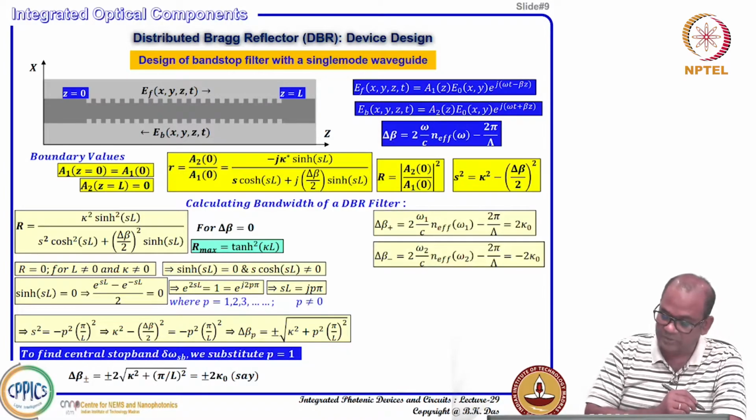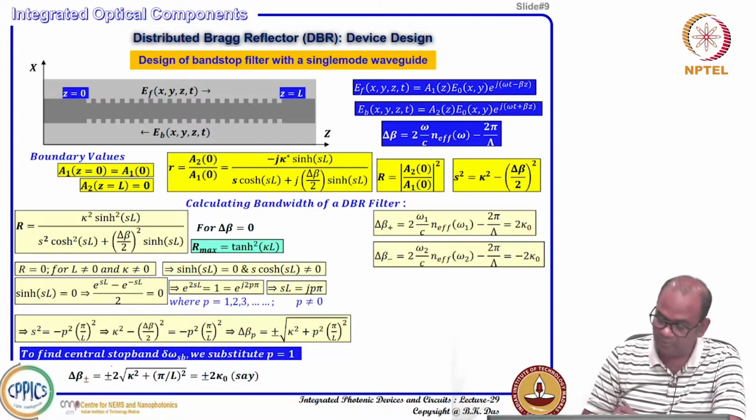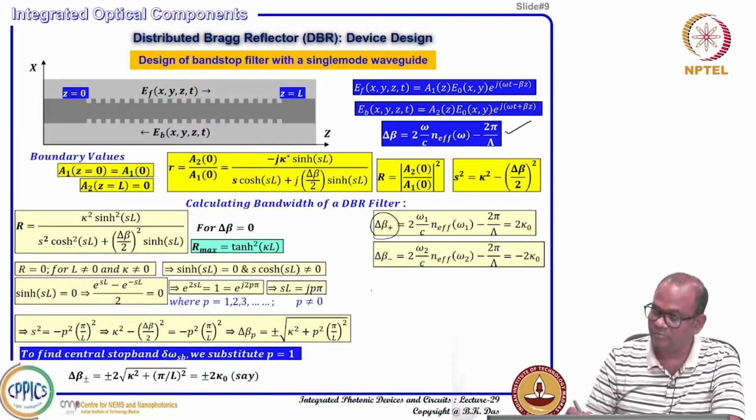So, in that case, I know the delta beta expression, and delta beta plus I am writing for a given omega 1 frequency: 2 omega over c times n effective, where n effective must be at omega 1, minus 2 pi by lambda. That happens because of the delta beta value of 2 kappa naught.